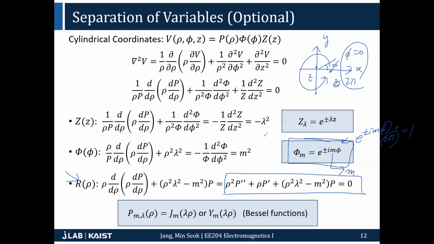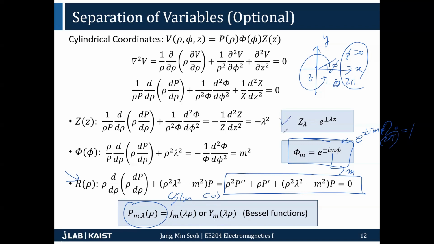And then the rho function has a very complicated functional form, right? And the solution of this is what is called the Bessel function. Okay, so like sine and cosine, we have Bessel functions, which we call the J m function and the Y functions, and they all have their own functional forms.